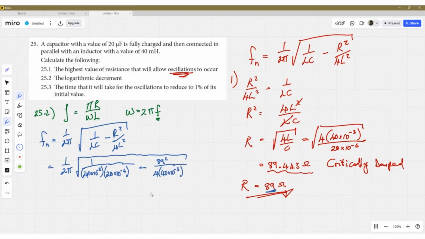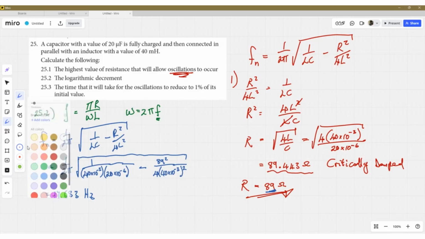If we substitute everything, we can calculate our frequency. You can double check me on this, but what I'm getting here is 683 hertz.